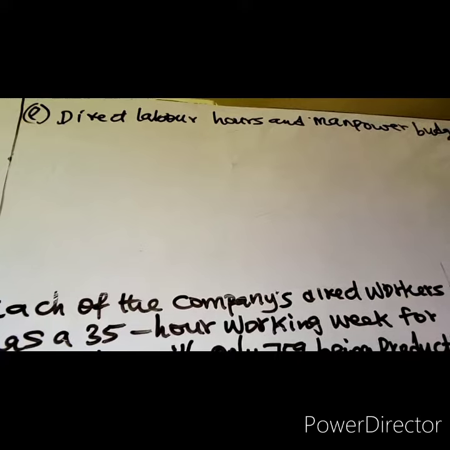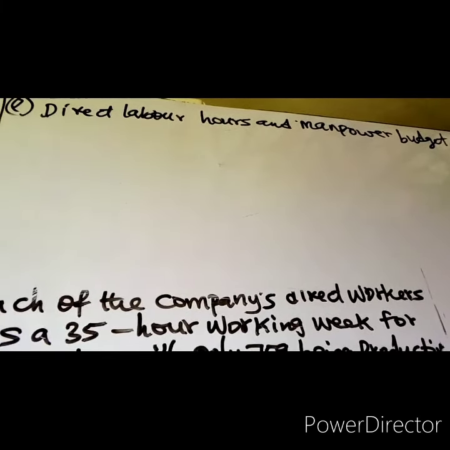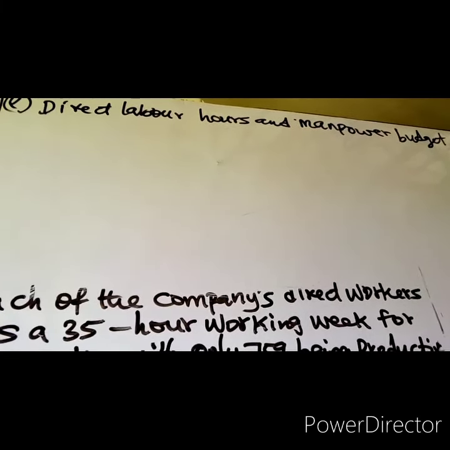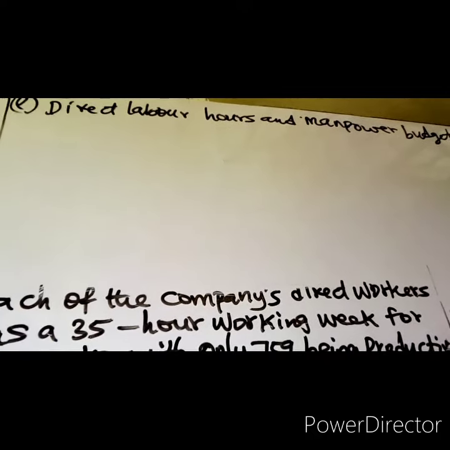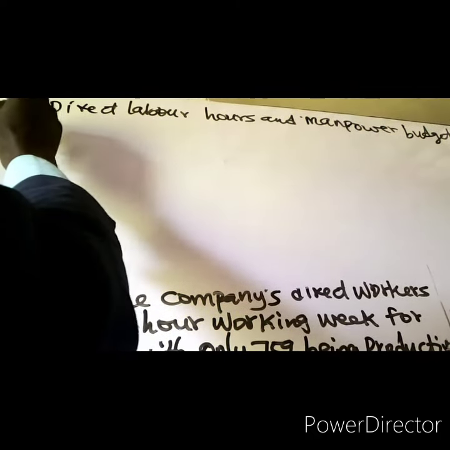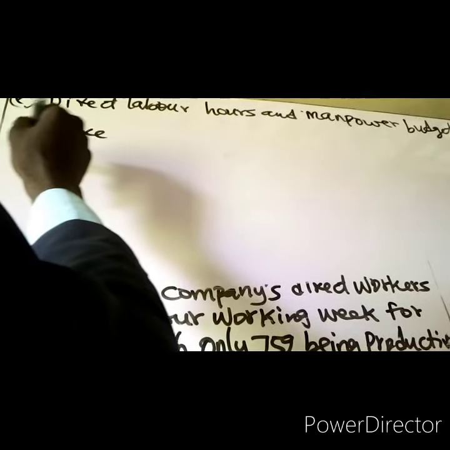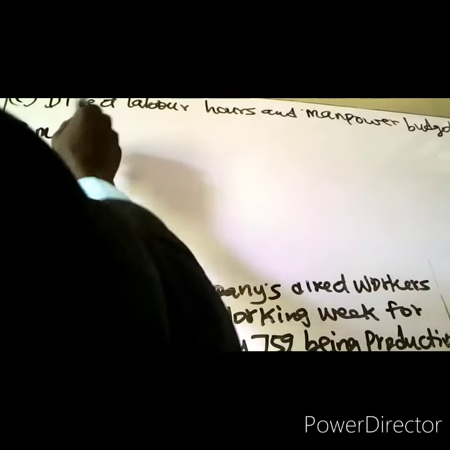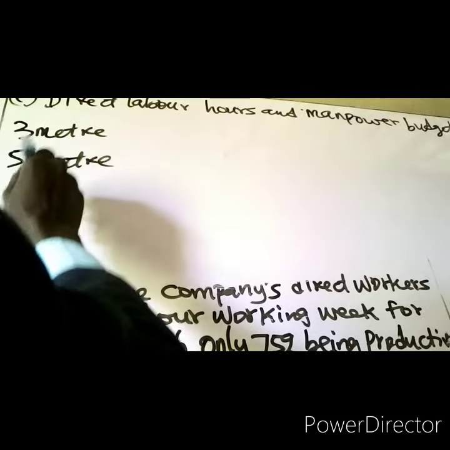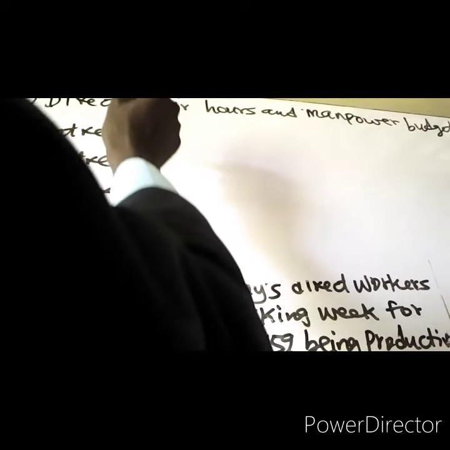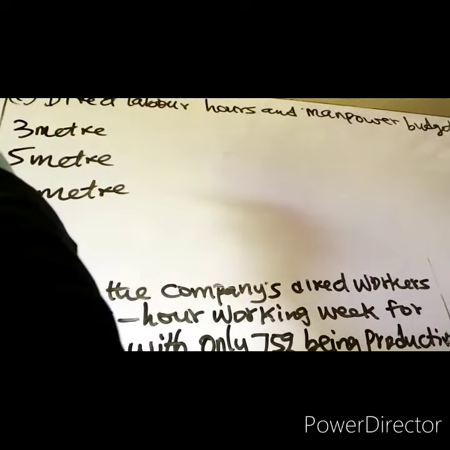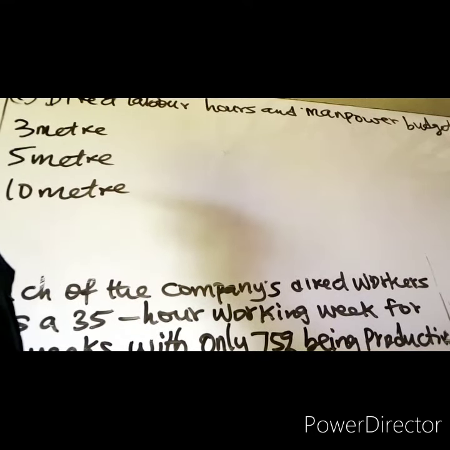Now, to prepare that, remember you have three items. You have 3 meter, 5 meter and 10 meter. I've told you that your budgeted production is multiplied by the hours required per unit.